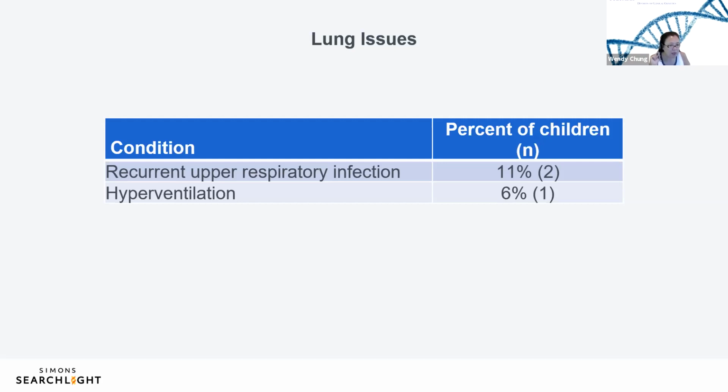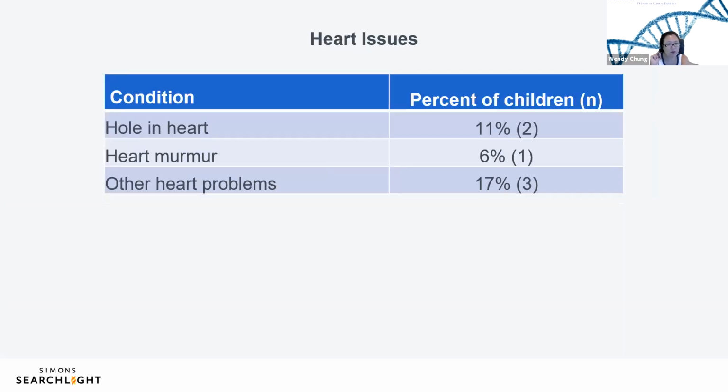Some people may get more than one cold, or they may even get a pneumonia, but I wouldn't say this is any more common than what I see with either other neurogenetic conditions or with, in general, just children in the community. Hyperventilation means breathing quickly, and my sense is that in some cases this is due to anxiety, that when individuals get nervous about things, they may breathe relatively quickly, but I don't think this is a fundamental lung problem where they can't breathe.